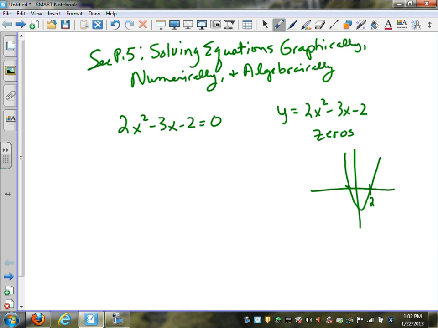On your graph, take your asterisk and put it a little bit above the x-axis. That's your left bound. Then go on the other side of the x-axis, that will be your right bound. So your left bound will be up here, your right bound somewhere down here.